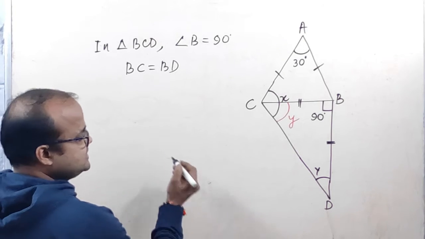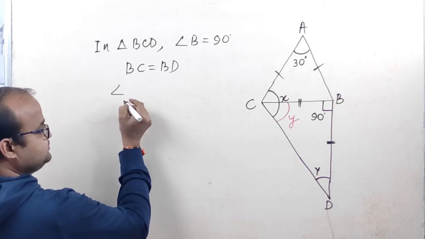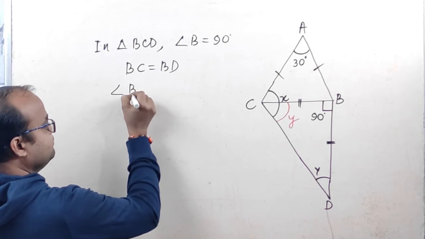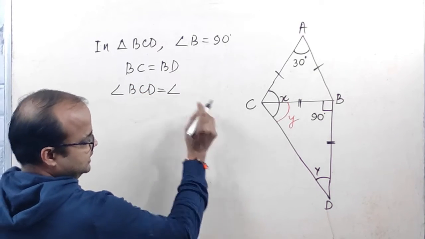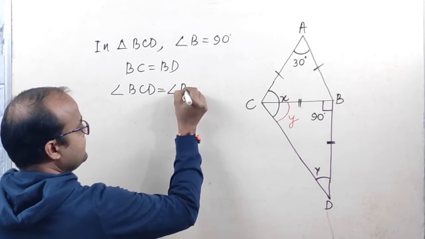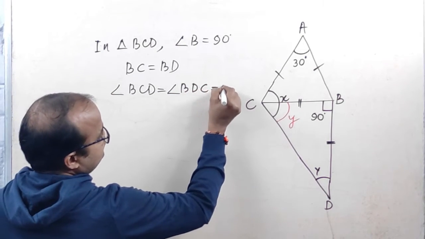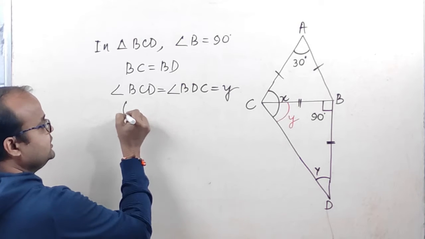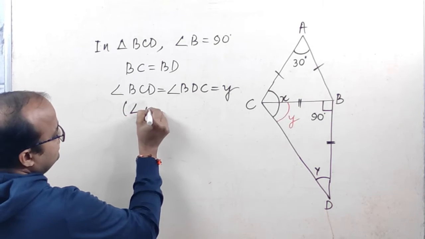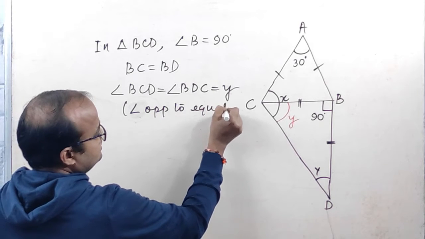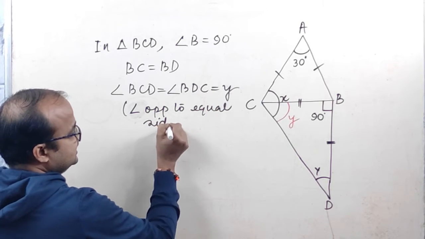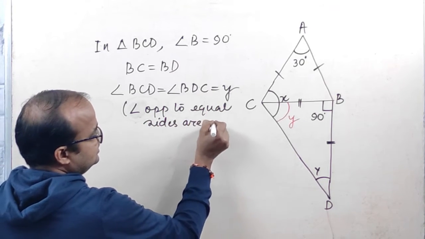So we can say that angle BCD equals angle BDC equals y, and we cite the reason: angles opposite to equal sides are equal.